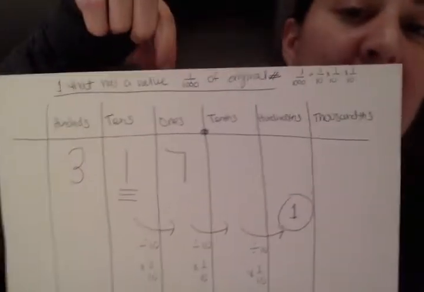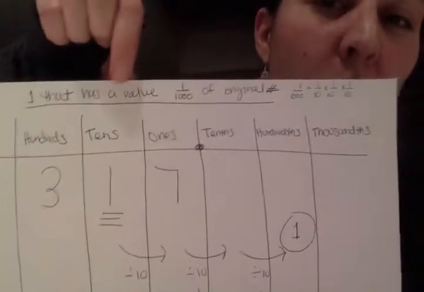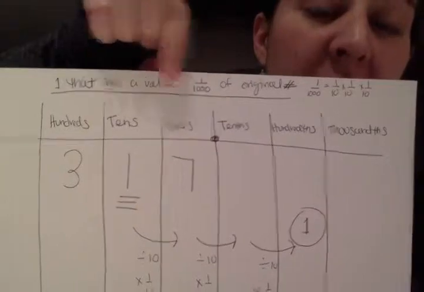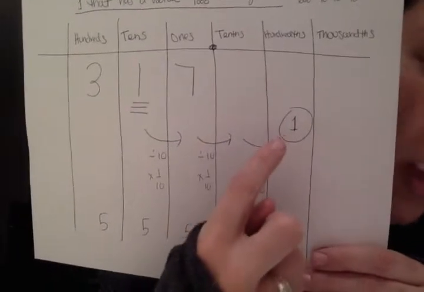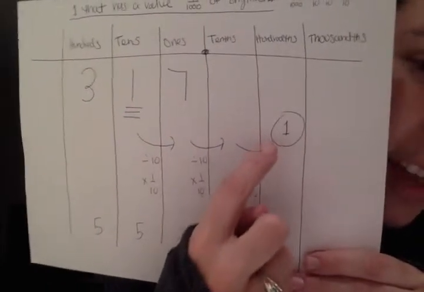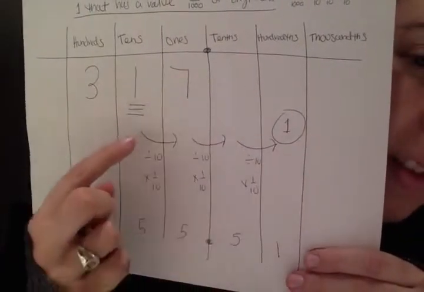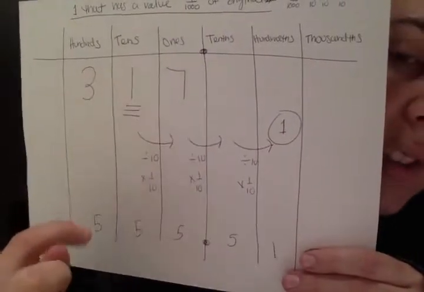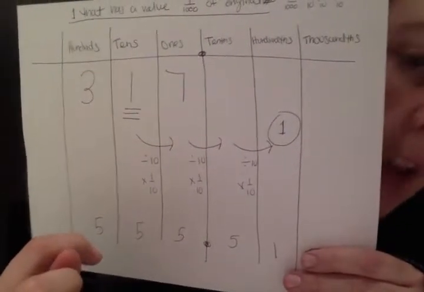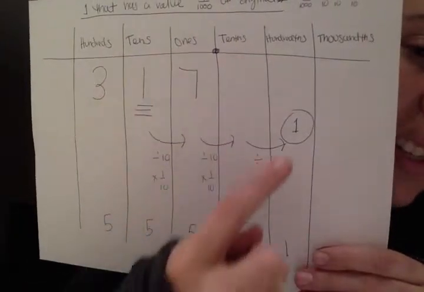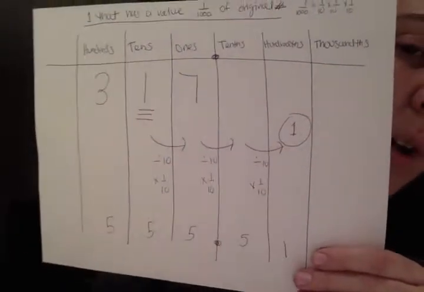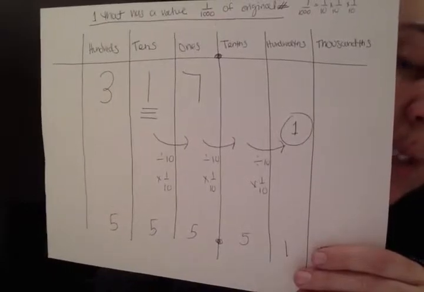And we know that because that answered our question. Our question was come up with a number where the 1 is 1/1000th the value. So here we can say this 1 in the hundredths place is 1/1000th the value of this 1 in the tens place. And so the opposite is also true. This 1 in the tens place is 1,000 times the value of the 1 in the hundredths place.